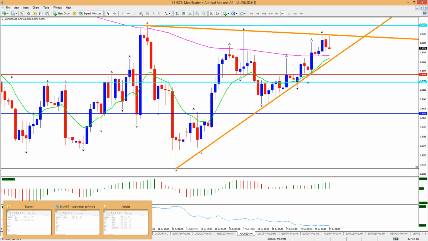Otherwise, I just look at all the Forex markets. I look at gold, silver, oil, and indices, indeed. But I only trade Forex. Yeah, that's it. And I just look at all the time frames and currencies to find technically set up positions, currencies that are set up well for my trading plan, basically.